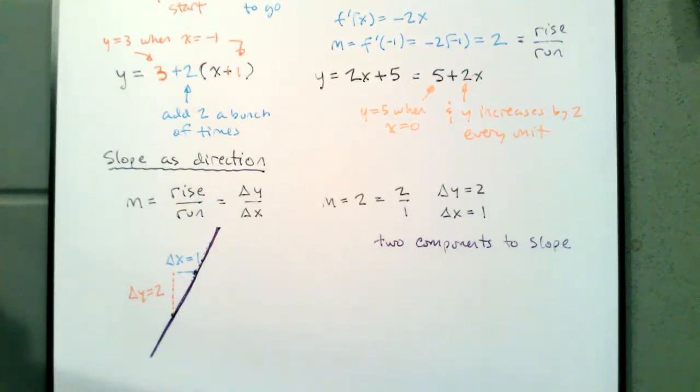So what we want to remember is that when y is a function of x, we have a function of one variable, and we get a one-dimensional curve in two-dimensional space.